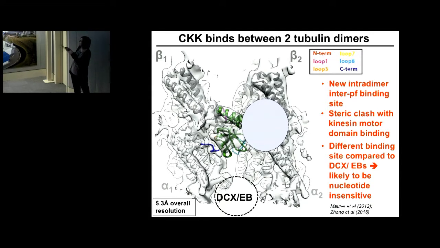As you'll remember, I mentioned that Doublecortin, by binding here, can express some sensitivity to the nucleotide state of the microtubule with which it's interacting, and so-called M-binding proteins also bind at this point and are extremely sensitive to the nucleotide state of the microtubule. So by binding here, CKK probably is not sensitive at all to the nucleotide binding content of the microtubule, and there are several functional reasons why that would be important.